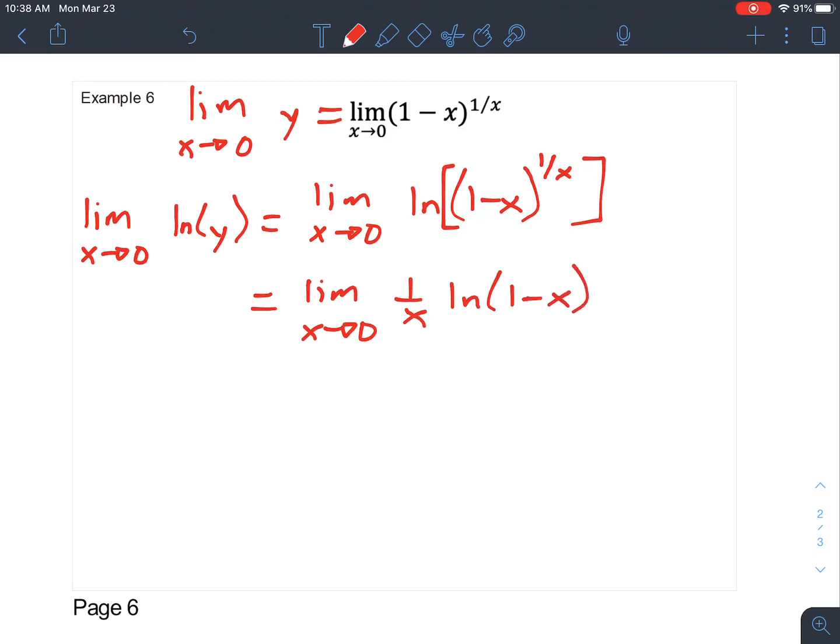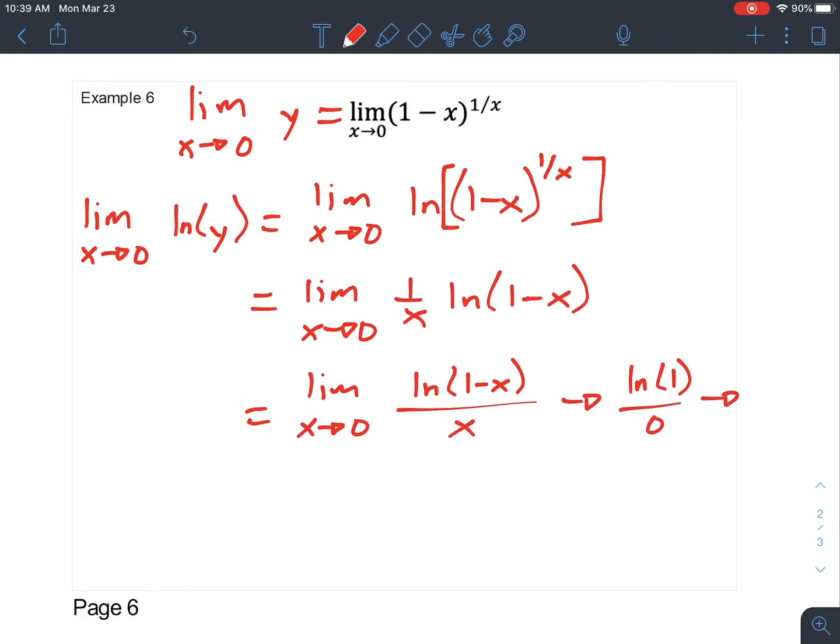And then I'm going to take that natural log and I'm going to move it on top. Okay. Then we should check to see if we have an indeterminate form. Up on the top, we're going to get natural log of 1. On the bottom, we have 0. Yes, we do have an indeterminate form. We have 0 over 0. So the next part is we are allowed to do L'Hopital's.